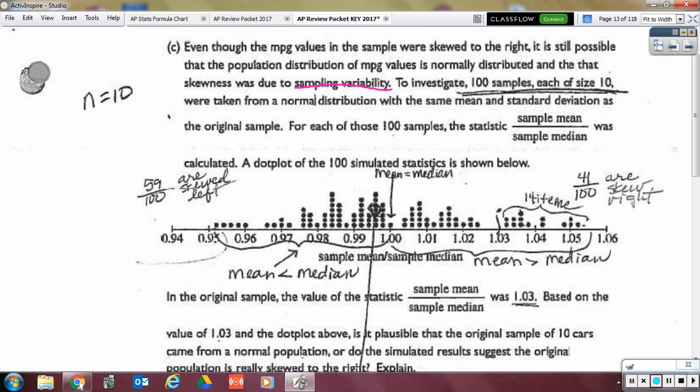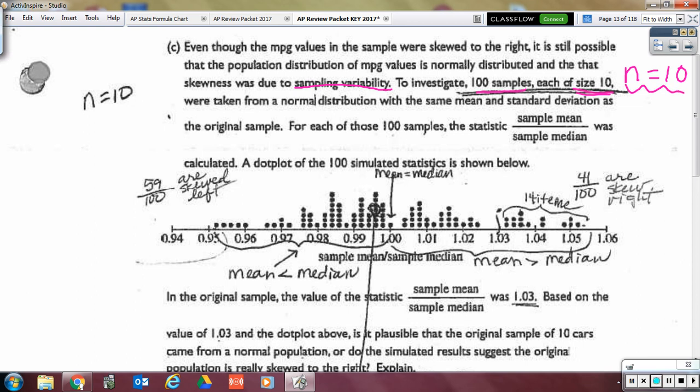So to investigate this, they took 100 samples, each of size 10. So all of these samples down here each have a size of 10. Do not think n has now increased to 100, and that this automatically implies it's normally distributed because it's large enough. That's not what it's saying. This is 100 samples. All of them are still small sample sizes, okay?